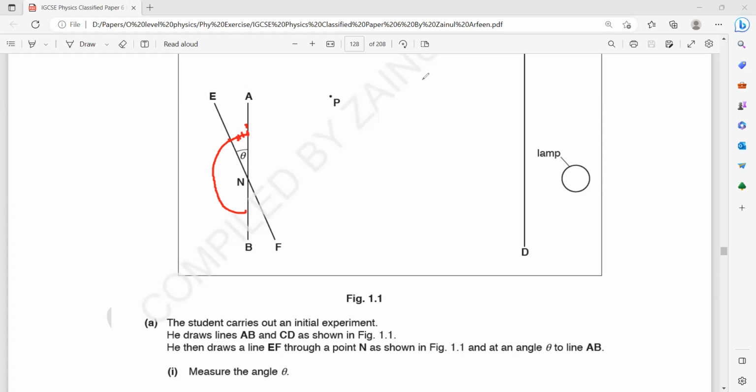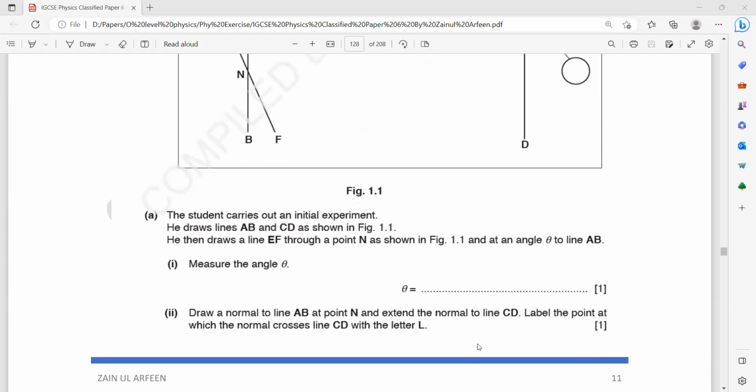You just have to use your measurement and write the answer here. This angle is approximate, we will use approximation here as we are not measuring exactly. So it will be about 22 or 23. So you will write here 23 degrees.